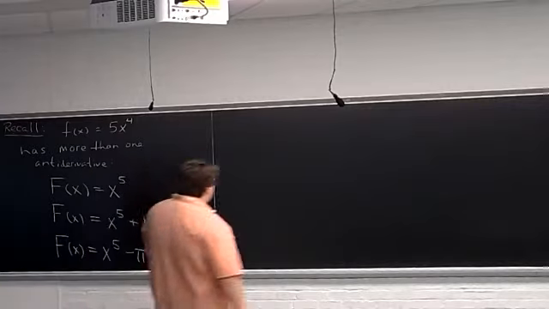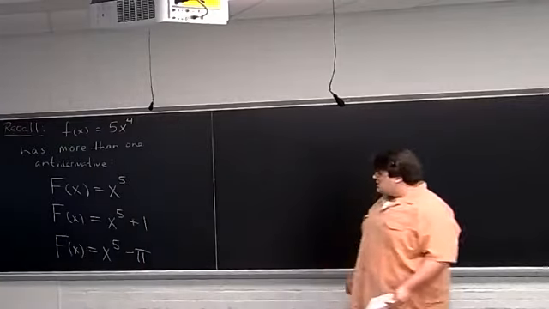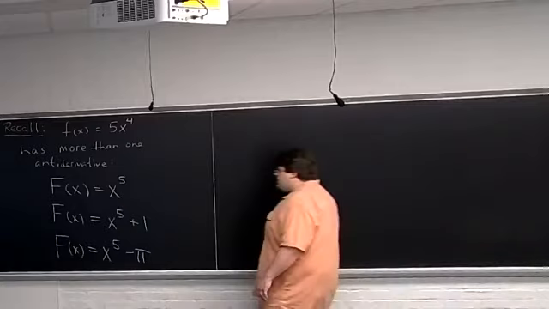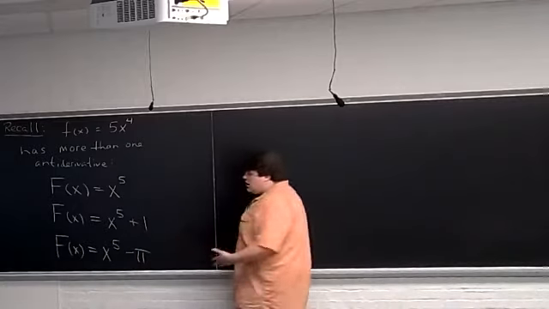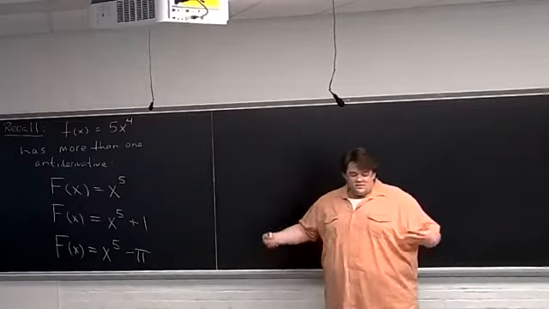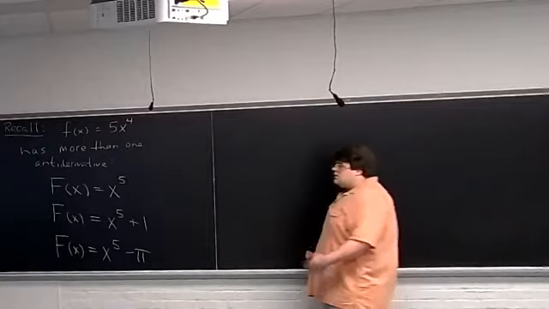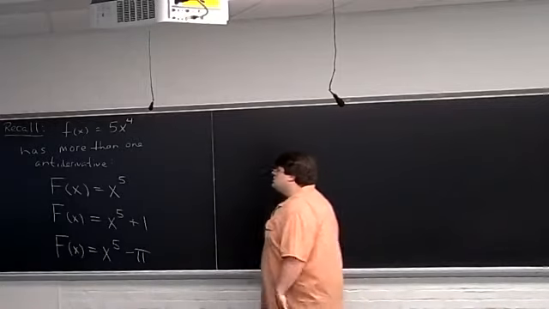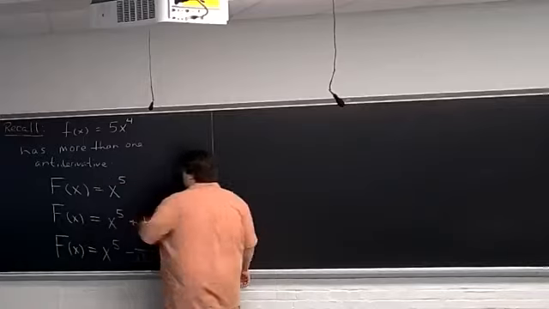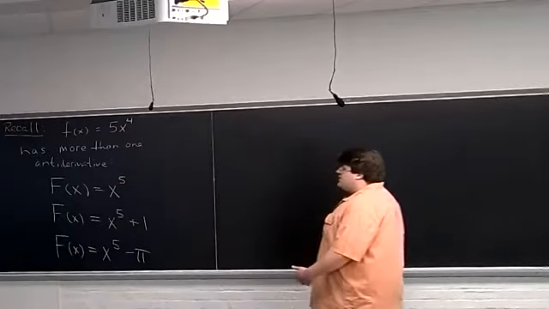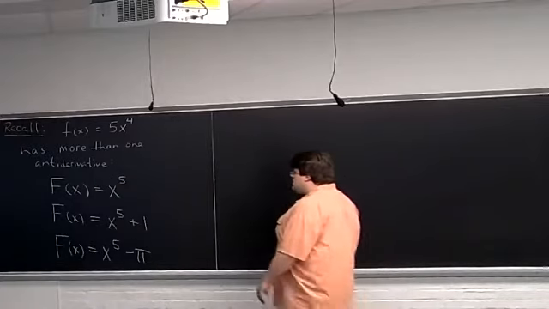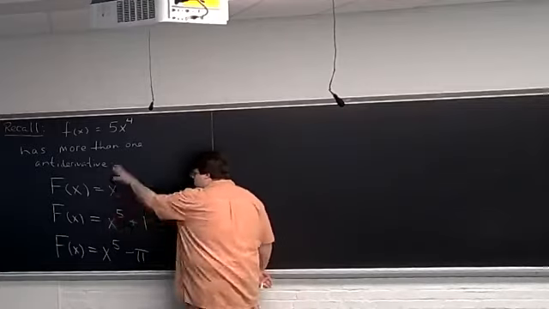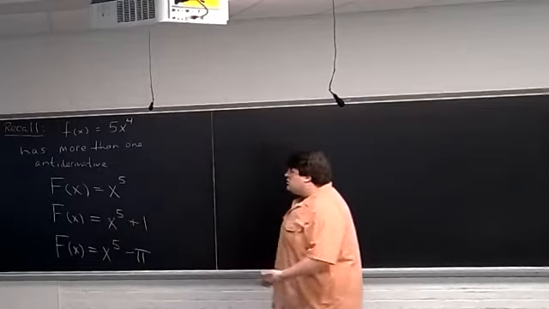So a natural question arises, how many antiderivatives are there? Well, this can be any constant. So already we know we have an infinite number of antiderivatives because the derivative of any constant is 0. But notice the only difference between these 3 possible choices is contained within that choice of constant. The x's are the same in each choice.